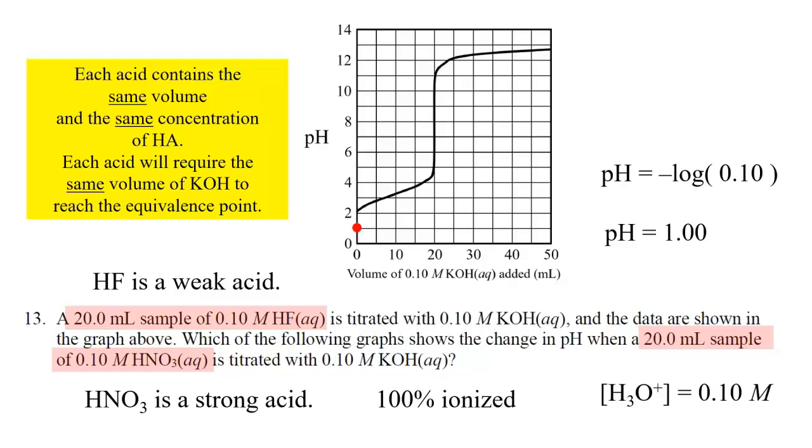Therefore, each acid will require the same volume of the titrant, potassium hydroxide, to reach the equivalence point. So right now the equivalence point occurs at 20 milliliters. I am looking for a graph among these 4 choices that starts off at a pH of 1, but the equivalence point would still be located at 20 milliliters.